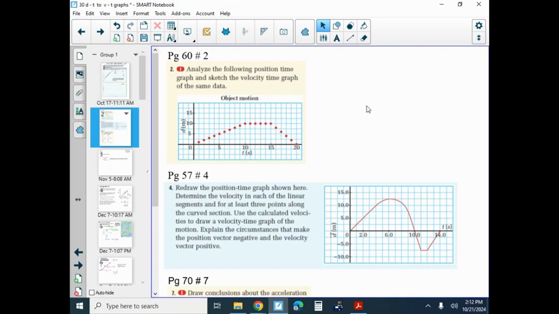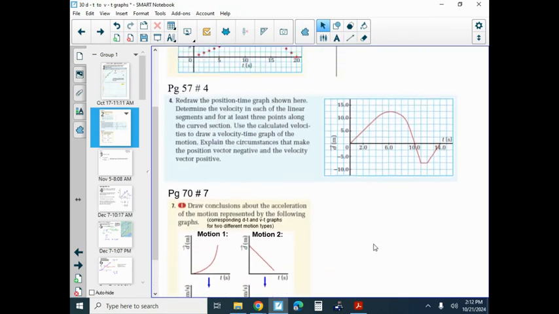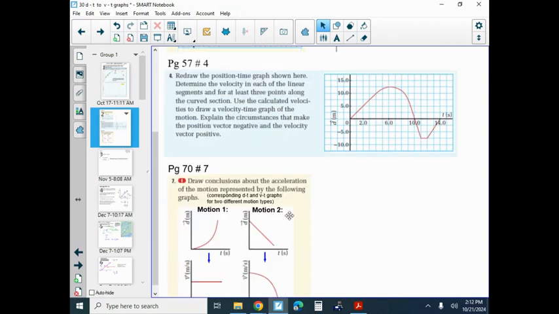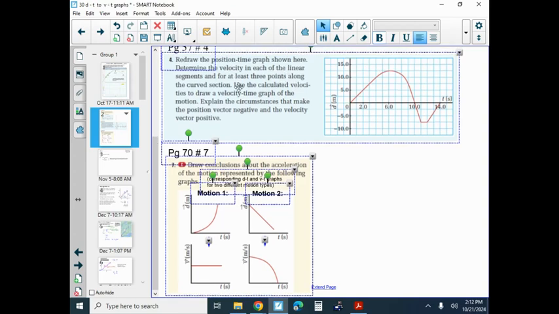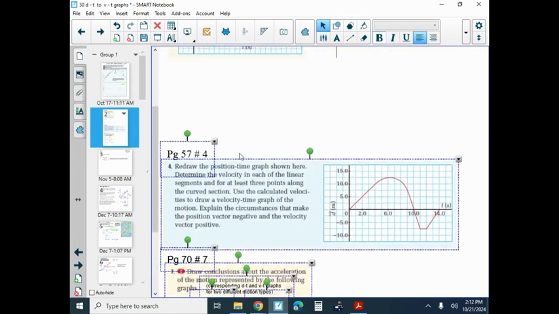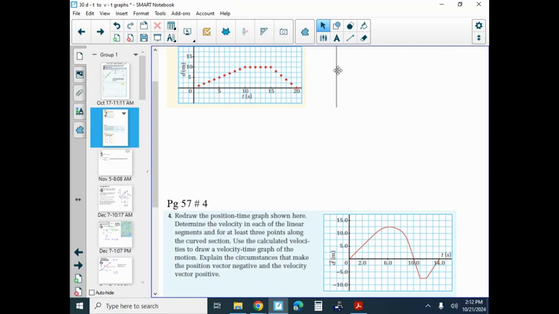All right, so these are pretty straightforward, just analyzing this. You can sketch a velocity time graph for this thing. It'd be nice actually if it was right underneath it, but you could just make a VT graph. I guess I could switch this because you're just going to print it from here anyways. Let me just move that down to give you room to do a VT graph right underneath this one. You can put an appropriate scale on there. So I'll just make it like that so you have all sorts of options.